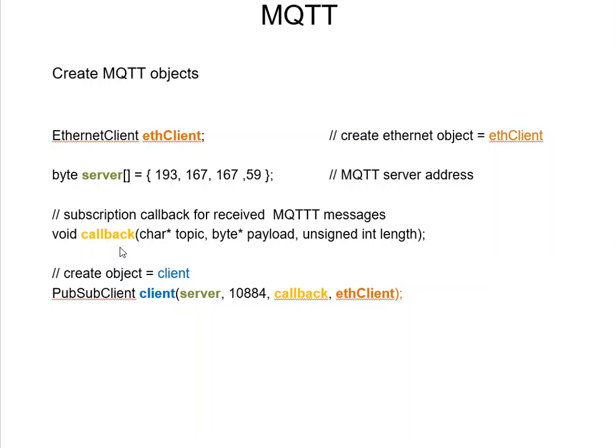With Mosquitto, for example, you could send messages to your client, but in our exercise we are not using this. And that was the Ethernet object here. So this is the server IP number, port number, callback function, and the object of the Ethernet client.